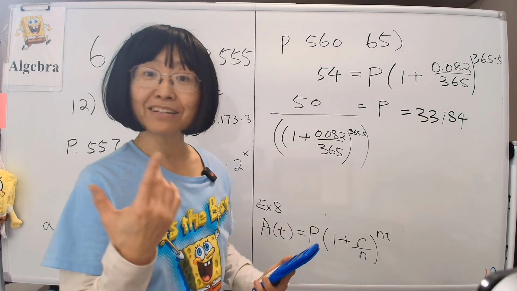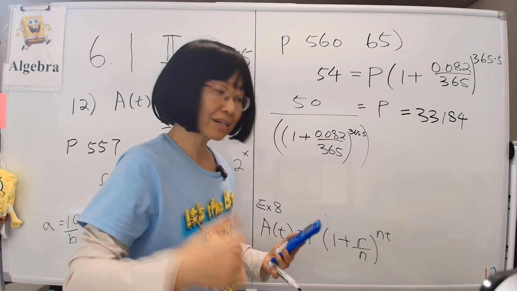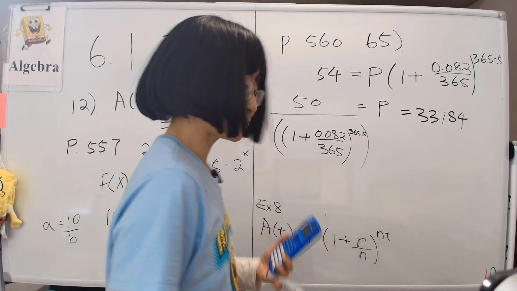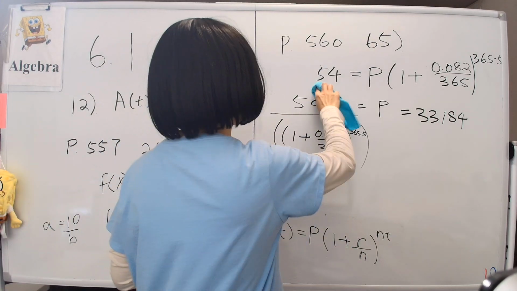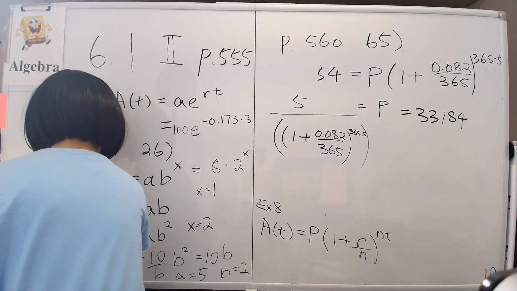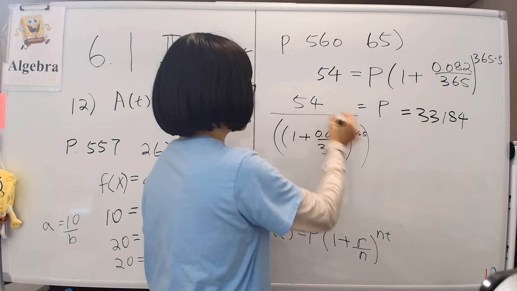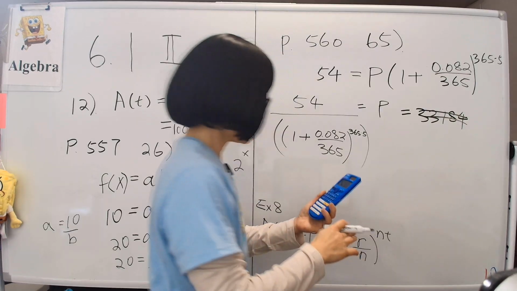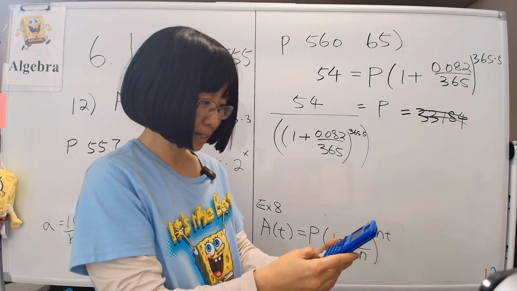Okay, I found a mistake right away. It says 54, right? Why do I have 50 here? What happened to my 4? Wrong. So let me fix this. Erase that. It's actually 54. Excuse me. I'll fix it in my calculator and change it to 4.